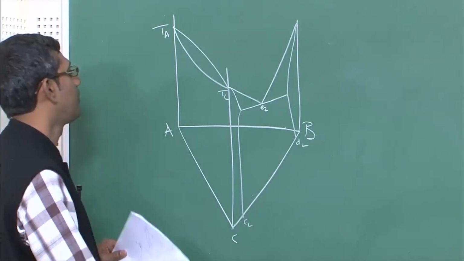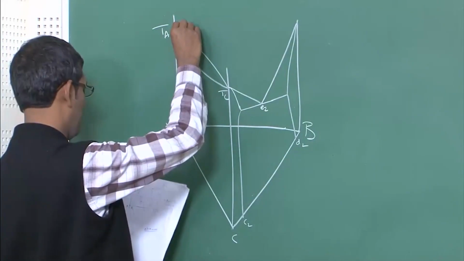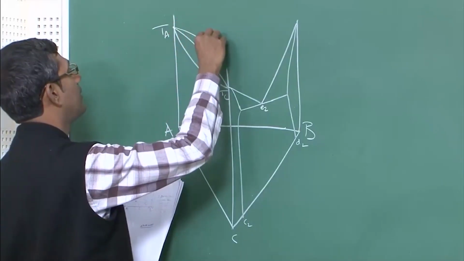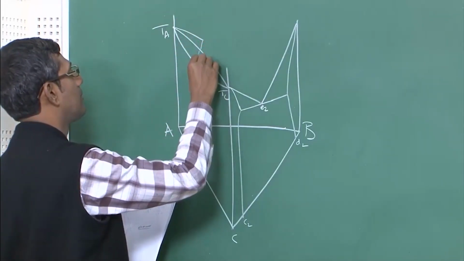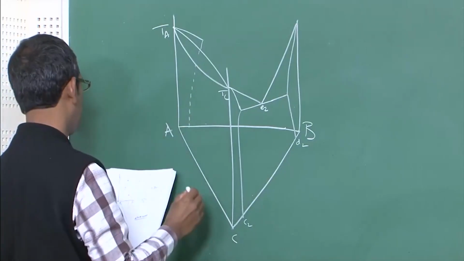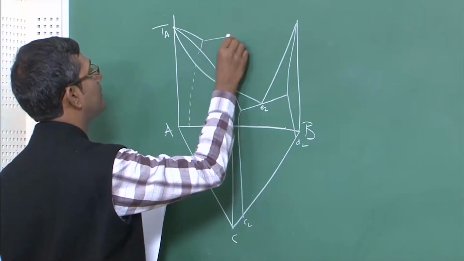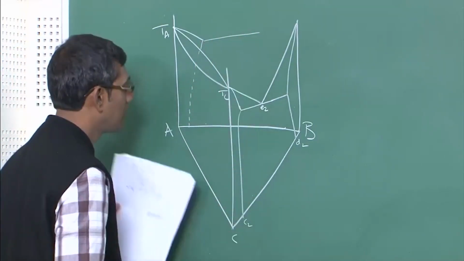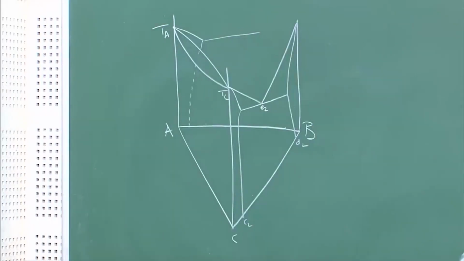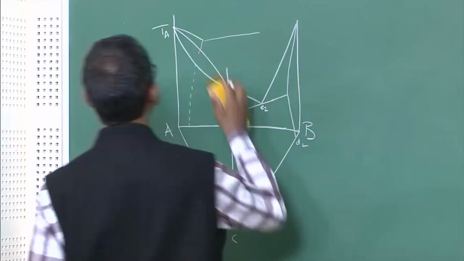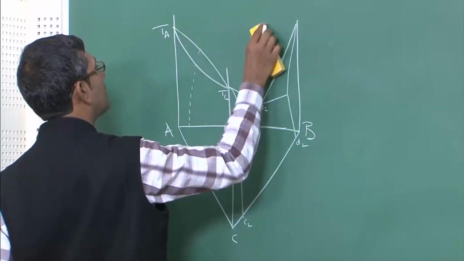There is another eutectic between A and B, so I will draw it this way. This is a little bit clumsy, so let me draw it nicer so that you can see it clearly.